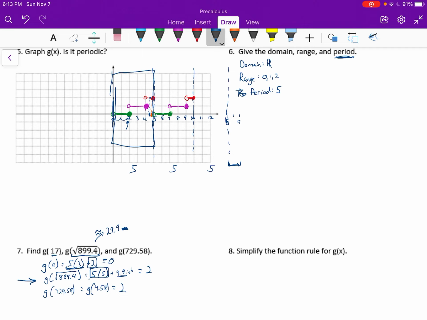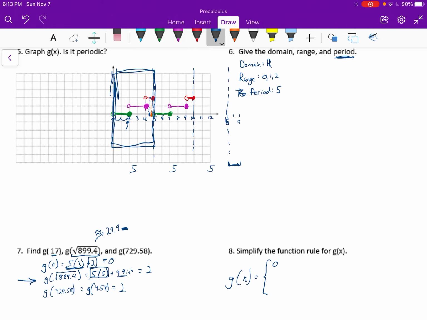All right, we want to simplify the function rule for g of x. So g of x is either, we're going to look at our starting point here at 0. It doesn't always start at 0. Some of those can be a little bit trickier if they don't, but this one does. So this starts at 0. When x equals 0, y was 0.